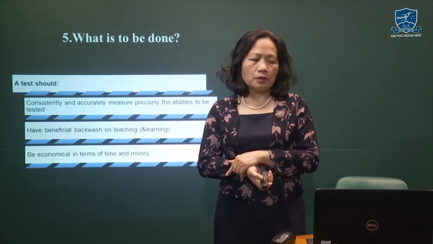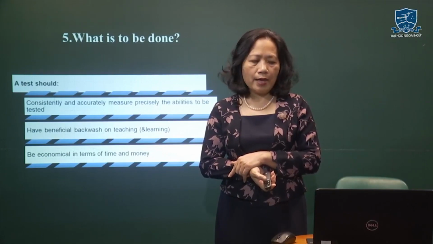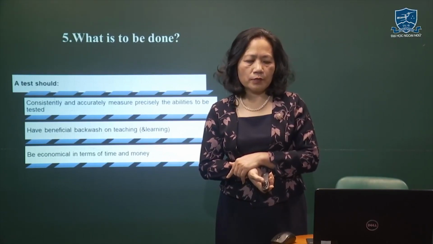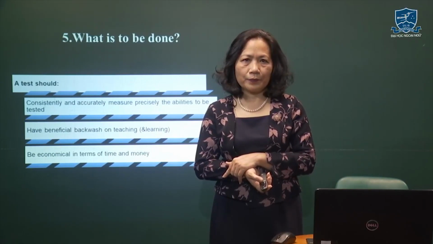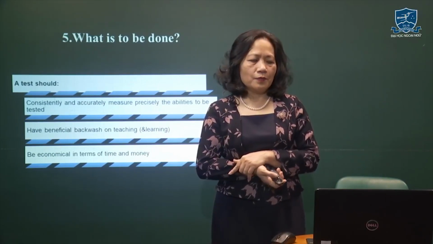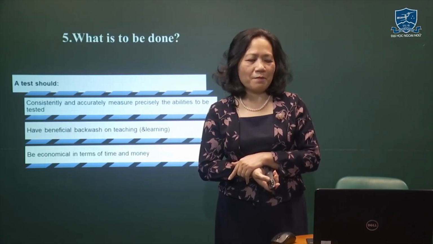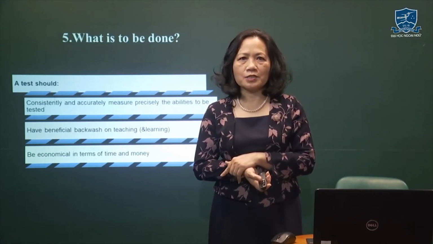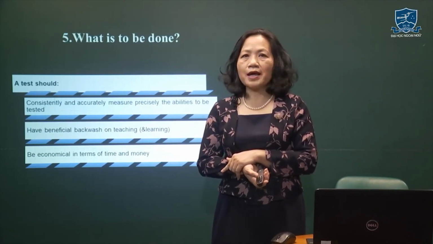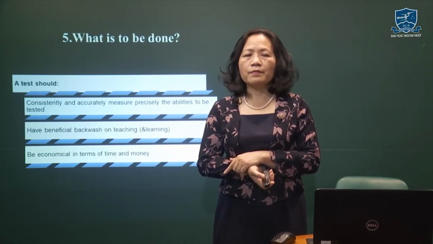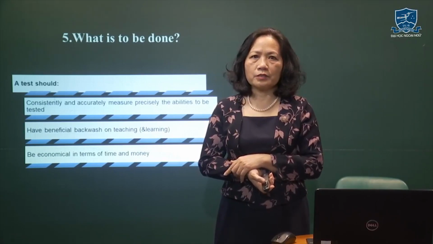So a test should consistently and accurately measure precisely the abilities to be tested. Yeah. So here we have to remember some words like consistently, accurately and precisely. The ability to be tested.